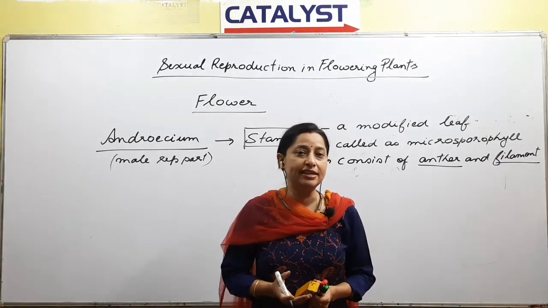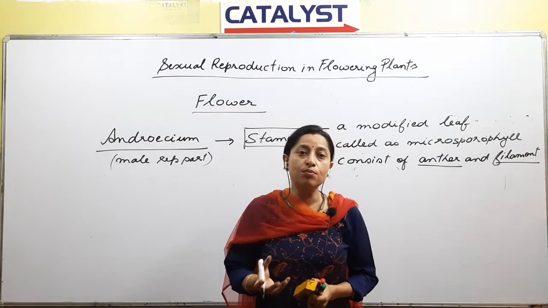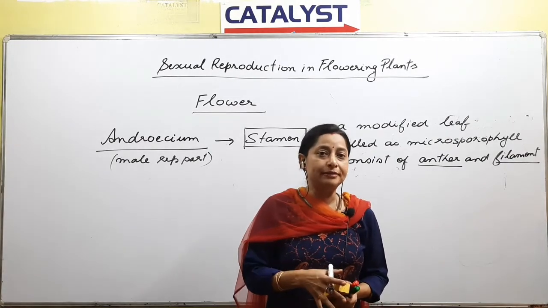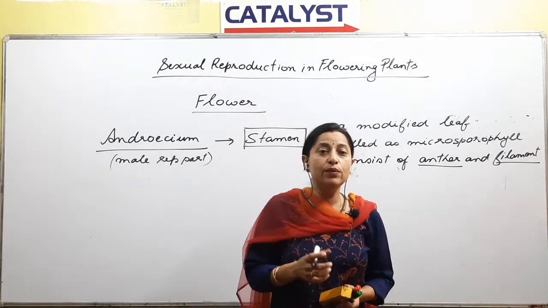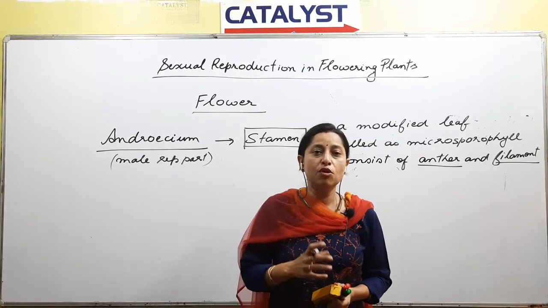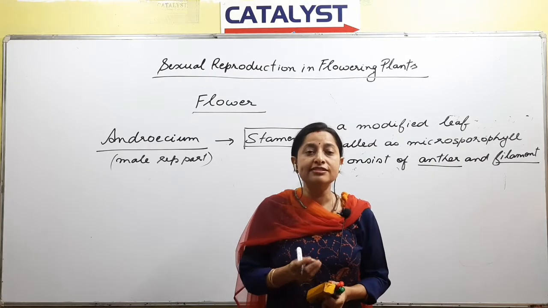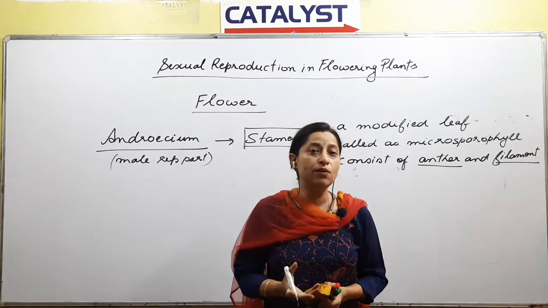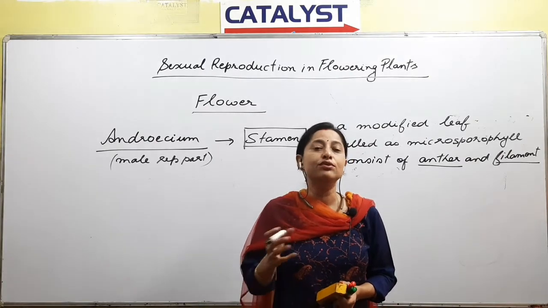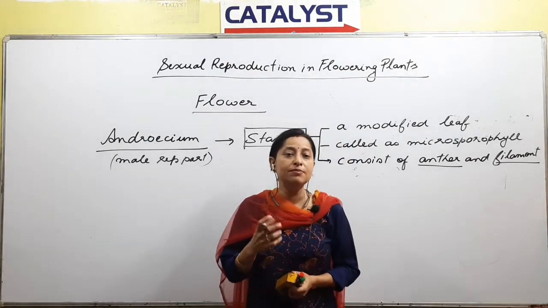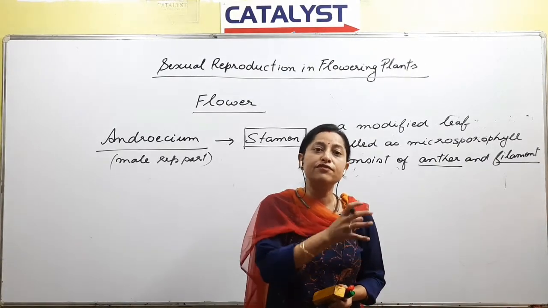The most important function is to provide anchorage or to absorb the water and the minerals. Besides that, if the root does some other work, right? If it conducts some other function than this normal function, that time we use the word modified, right? So modified root or modified leaf. Now the question is, it is modified for some purpose. For example, if you talk about storage root, the root is modified for the purpose of storage, right?